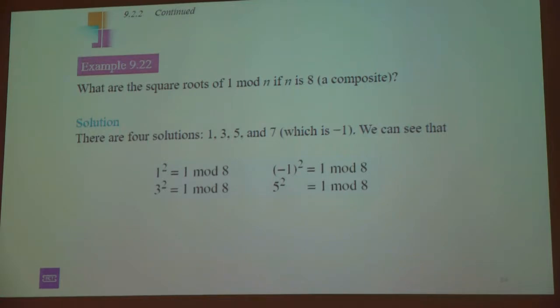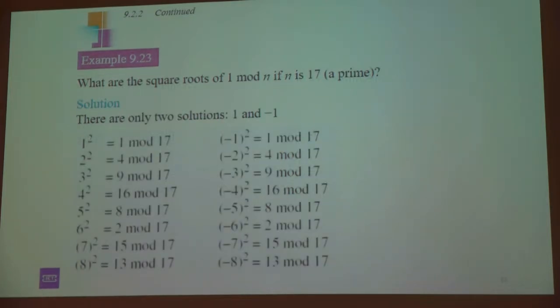So it's 1, 3, 5, and 7, and when you do the same thing, you see 1 in here, but you also see 3 to the power 2 gives you 1, and 1 in here, alright? So this is not upright, it's not upright.